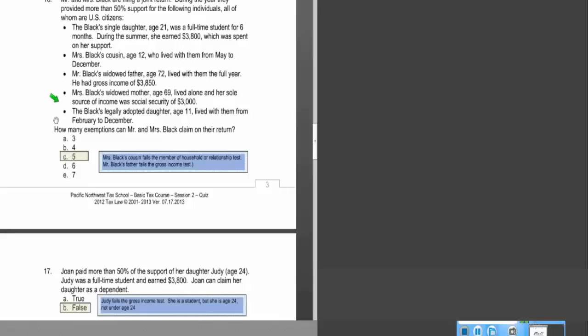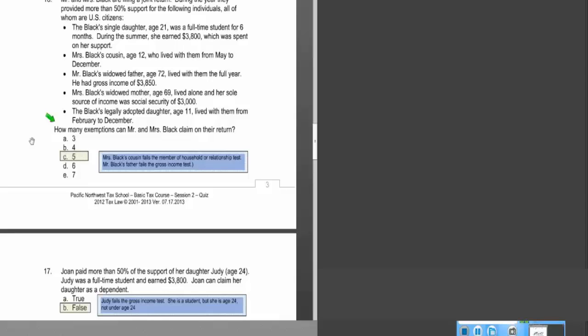So let's look at the last person. The Black's legally adopted daughter, age 11, lived with them from February to December. Well, since this daughter is legally adopted, she is the daughter. It is just like a child being born during the year. They are considered to be your dependent for the entire year.